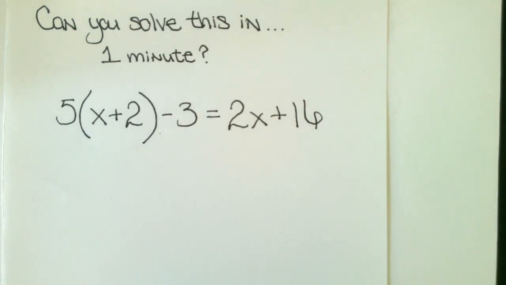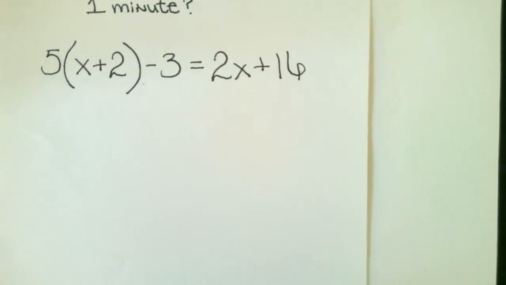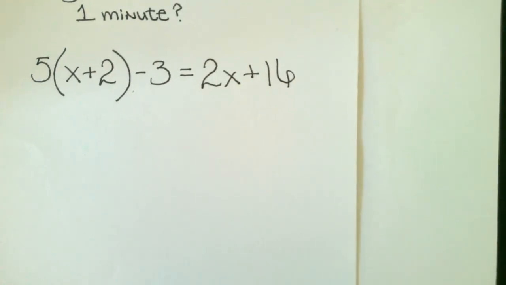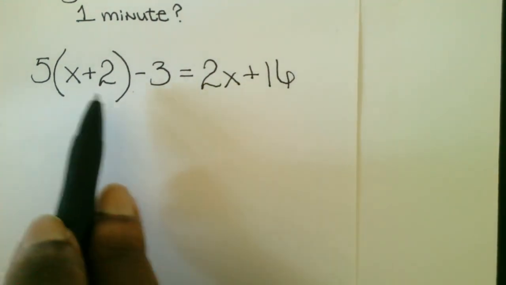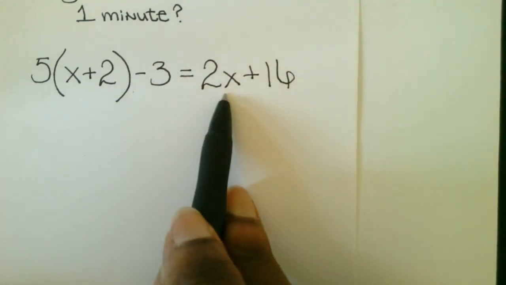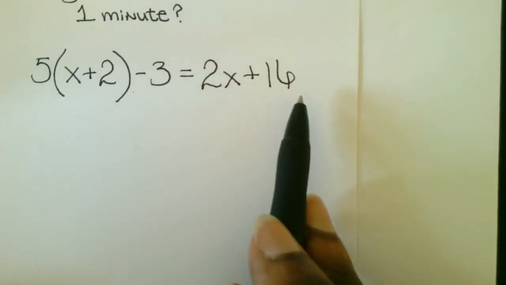Okay. So as we're looking at it, we have an equal sign, so we're definitely going to be solving. Since we have variables on both sides of the equal sign, we're not going to be able to do our little trick of just dividing on both sides.